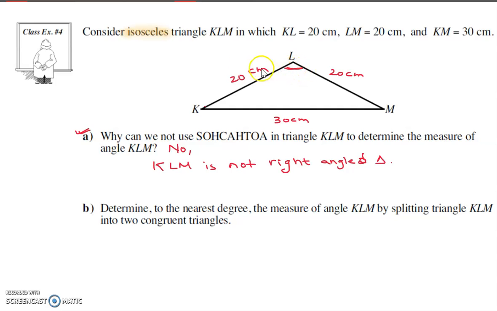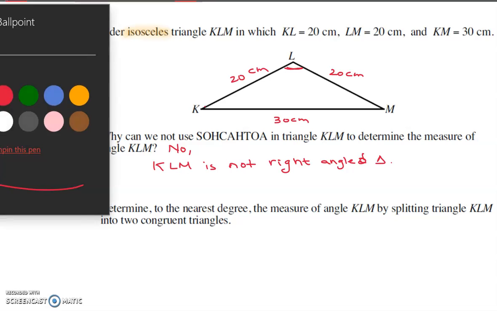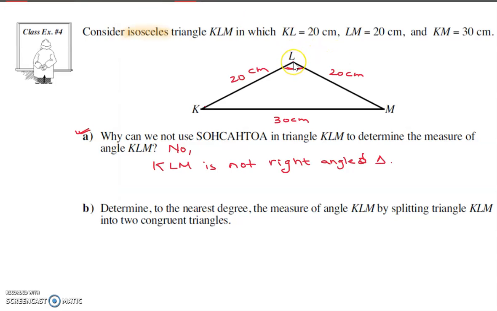The strategy is to actually drop an altitude, meaning a height, right down in the middle here. Because it's an isosceles triangle, we know that these two sides are the same. And the base angles are also equal, and this is a shared side.